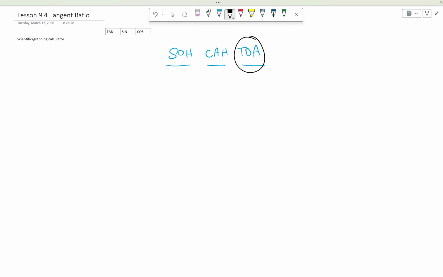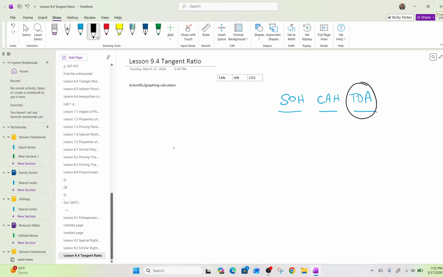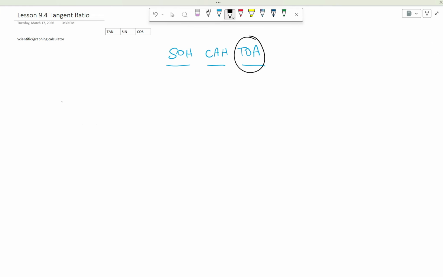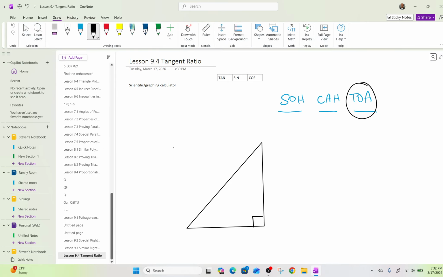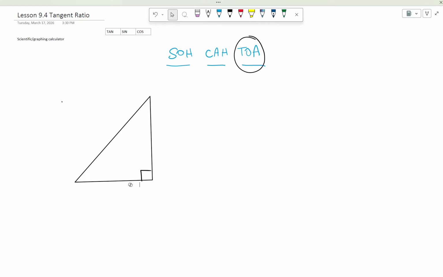What it's referring to is the tangent of a triangle. I'm going to go ahead and draw a right triangle here, with my little auto shapes. Okay, so here's my right triangle, a nice crisp clean triangle. Let's say we have triangle ABC.